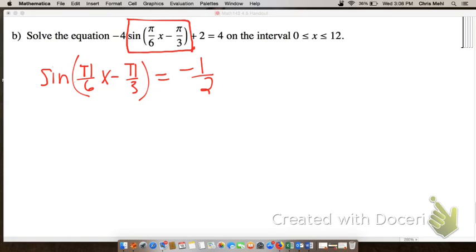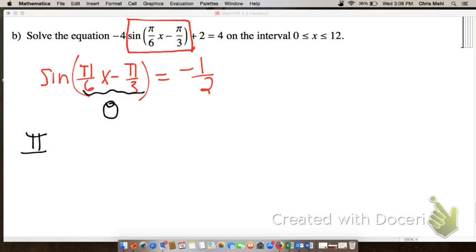In class I did a substitution at this part, but for this video I'll just highlight the input. My varied input is pi over 6x minus pi thirds. If you think of that input as just an angle, whatever it is, we'll be able to find two solutions.